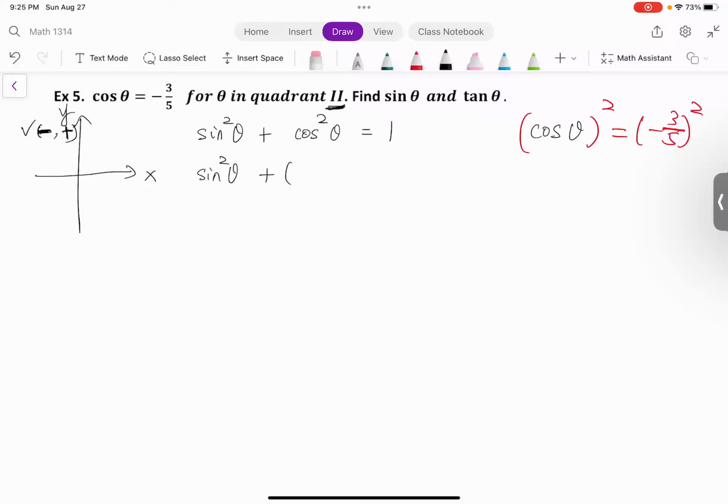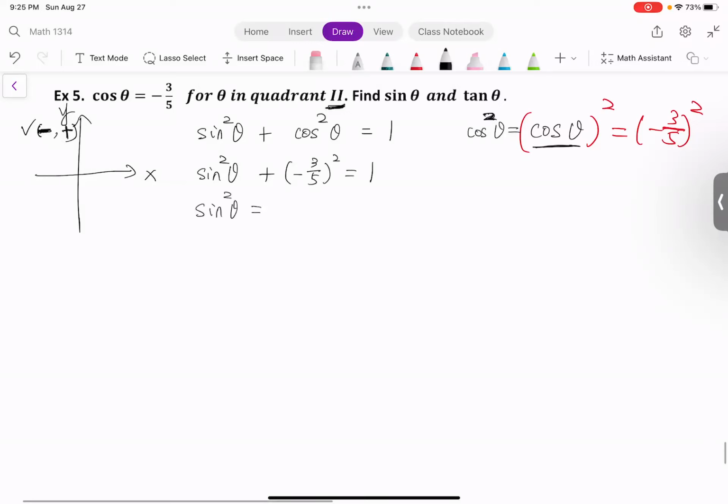In trigonometry, the squared means cosine all of them squared, but we put the squared at the upper corner of the cosine. All right, let's put the information in the equation. We have sine theta squared plus -3/5 squared equals 1. And then we need to solve for the sine theta.